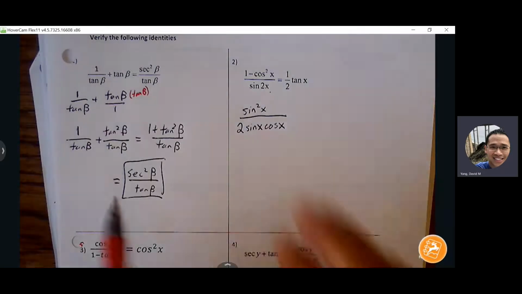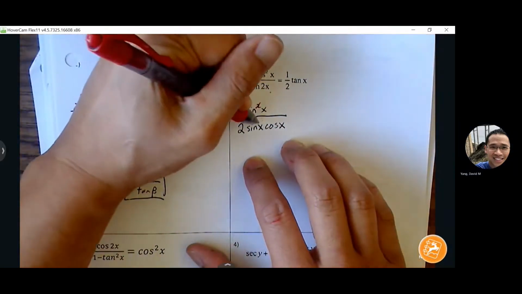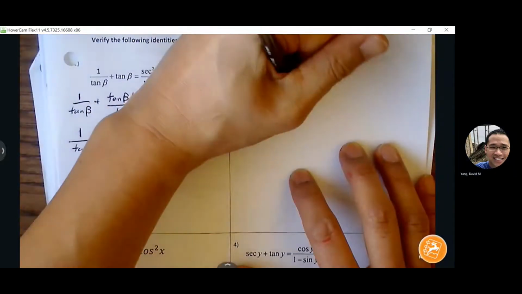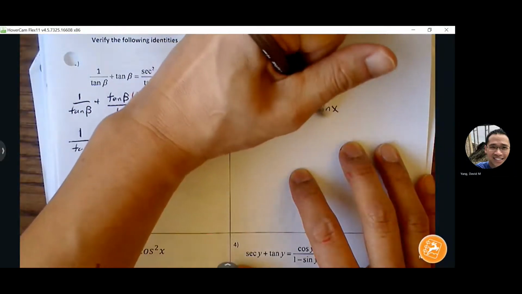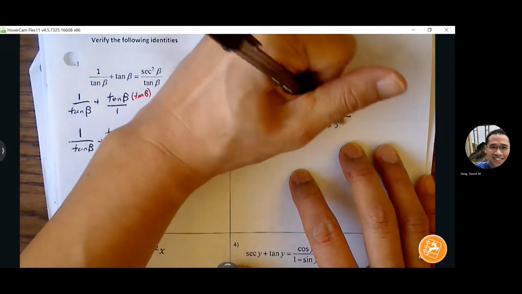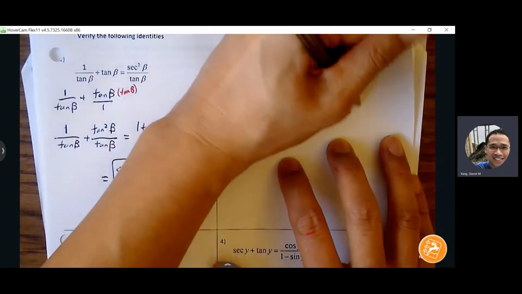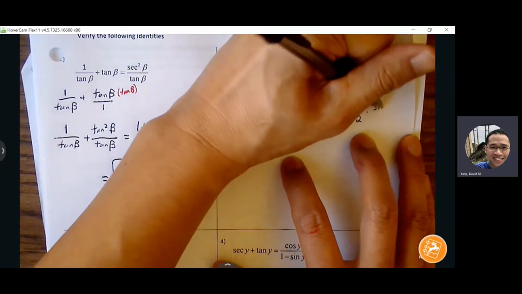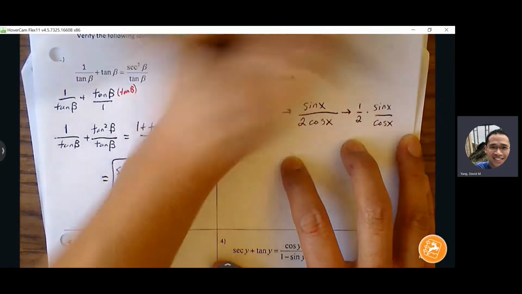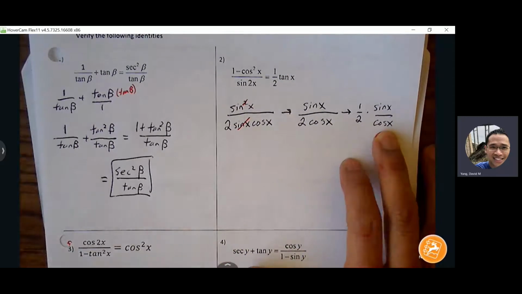One of the sines can go away. Okay, how can we make this look like the right side? Yeah, turn it into tangent. And what is that 2 in the denominator? Same thing as 1/2, right? So really just the same thing as 1/2 times sine x over cosine x. And you know sine over cosine is tangent, so.